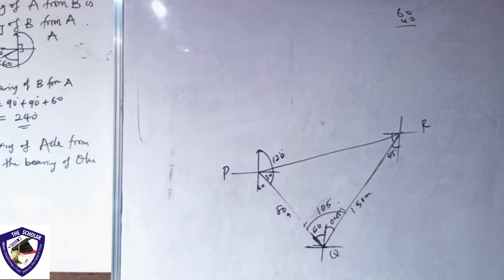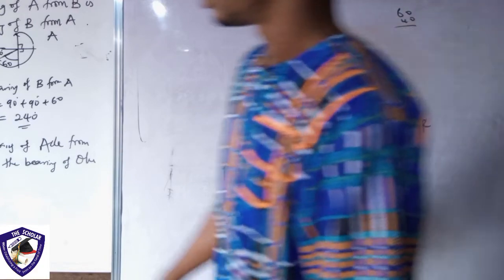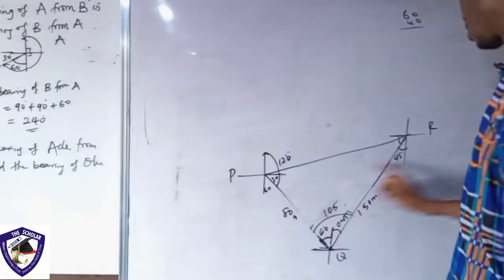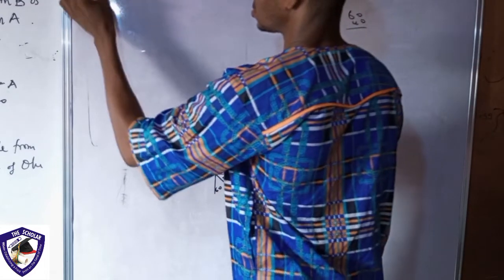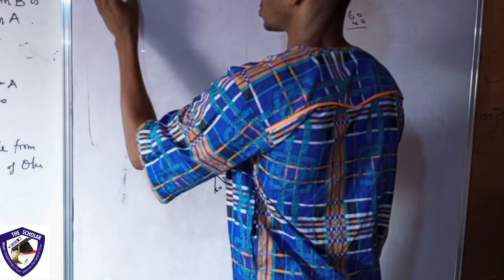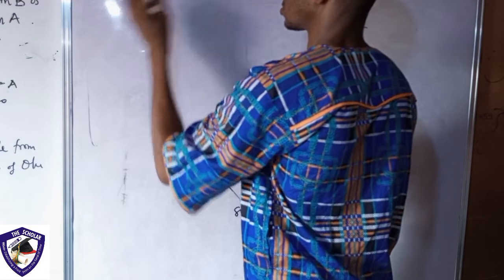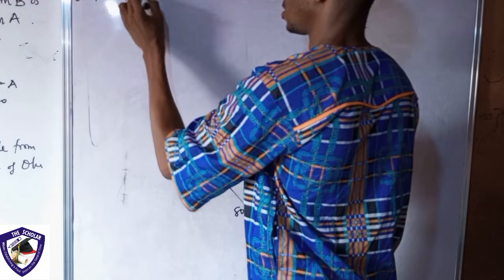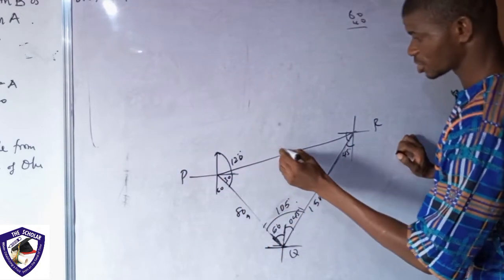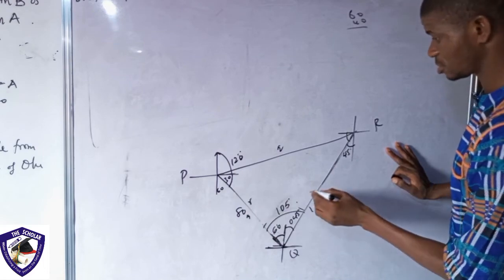So let's now look at what we are asked to do. The first question says we should find the distance between PR. So using cosine rule, the distance PR. Let's call this small q, this is small r, and this is small p.